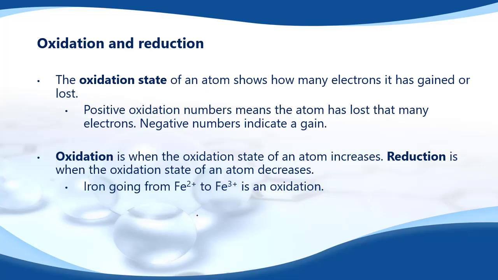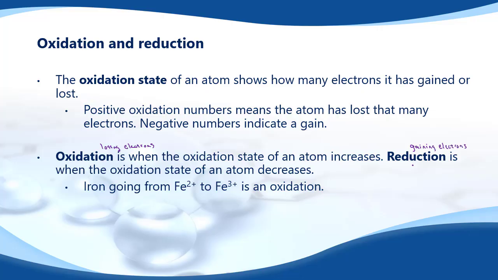Oxidation is when an atom's oxidation number increases. What that means is that it's losing an electron. Right, so oxidation is losing electrons. Reduction is gaining electrons.